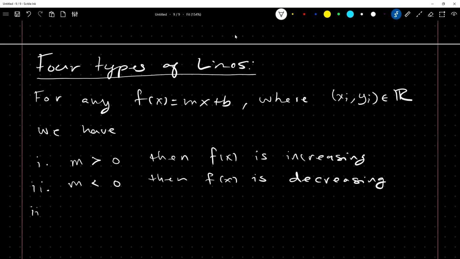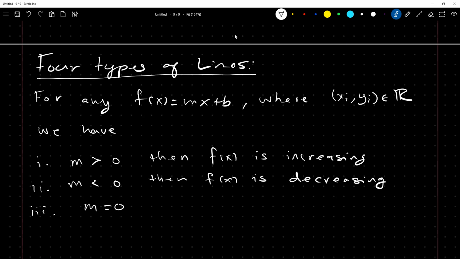And did I say 4 types of lines? Yeah, okay, I did, and I'm correct. If m equals 0, so if our slope is 0, then that means that there's no change from point to point. So over any particular interval, we're not increasing, we're not decreasing.